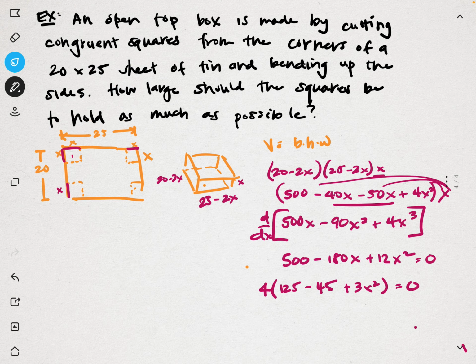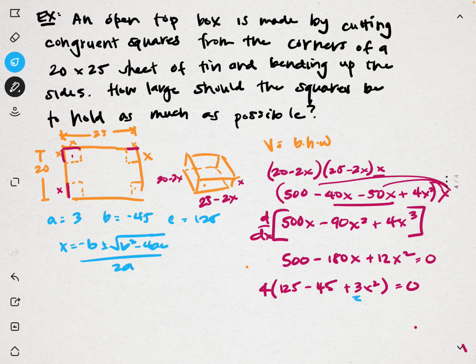So let's do A would be 3, B would be negative 45, and C would be 125. Okay, and let's put it into negative b plus or minus square root b squared minus 4ac all over 2a.